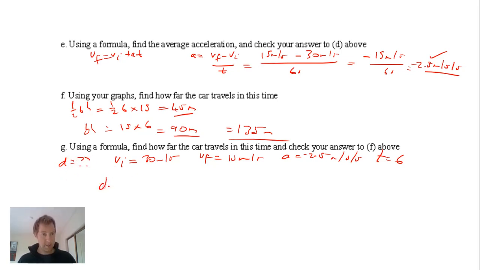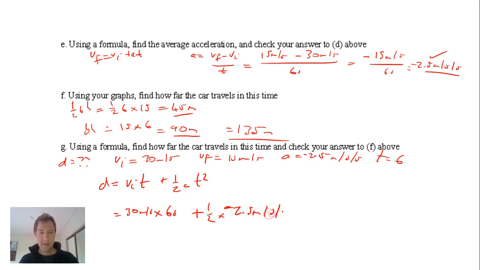I'm going to use this one here: vit plus half at squared. Put my numbers in. Initial velocity is 30 meters a second times time is 6 seconds. Plus half times a, which is negative. That's really important. Negative 2.5 meters per second squared times time 6 squared.